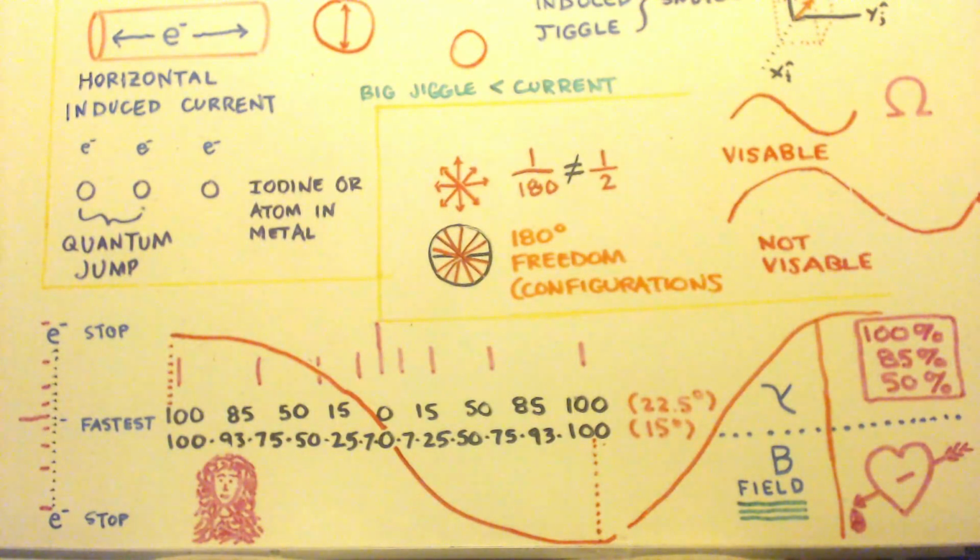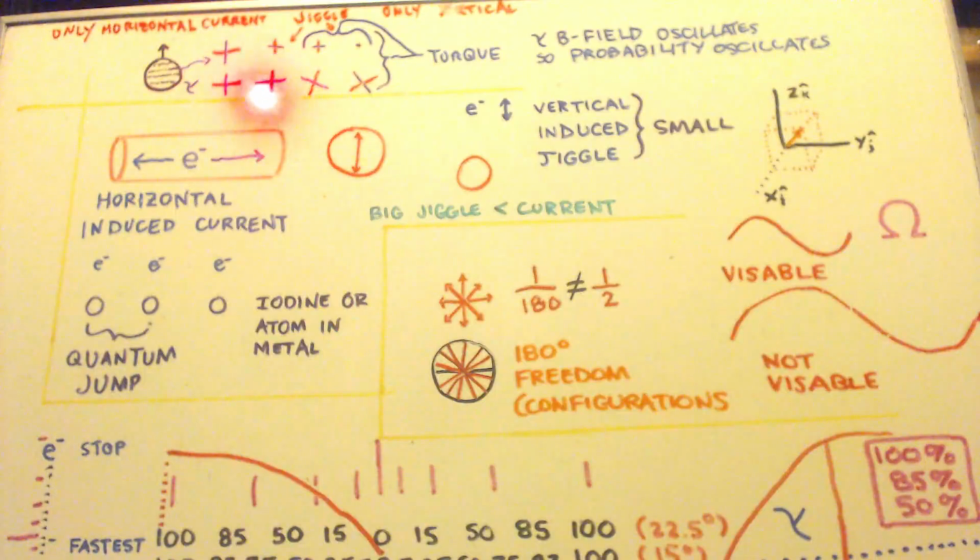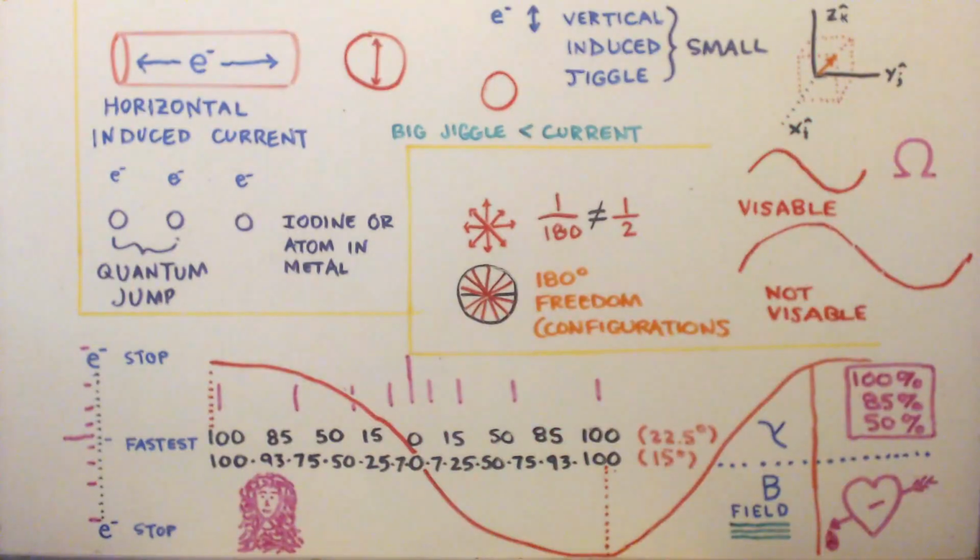And your B field, this way, you're going to induce a current, like I said up here, but just like over here, you're going to induce a B field and E field that's exactly like yours on their photon. So there's no torque, right? Only when you're diagonal can you be torqued, because E fields and B fields are in different planes, so you're going to get torque. And the amount of torque you get is based on this oscillation.